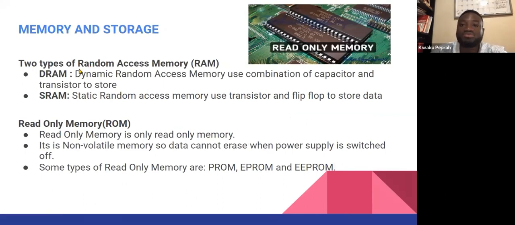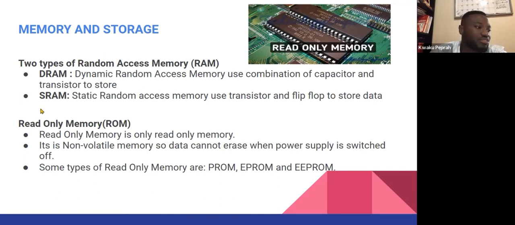We have the DRAM and we have the SRAM. The DRAM is the dynamic random access memory, which uses a combination of a capacitor and a transistor to store data. We also have the static random access memory, which uses transistors and flip-flops to store data.